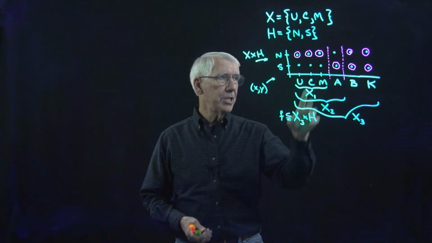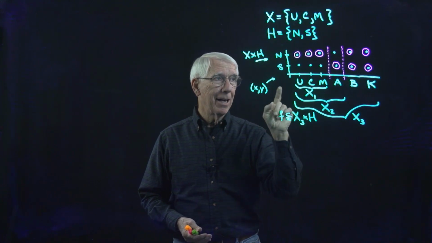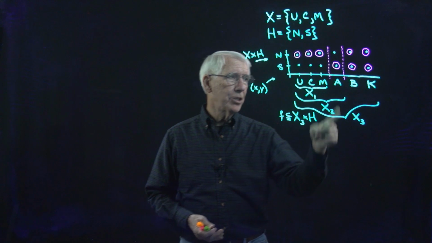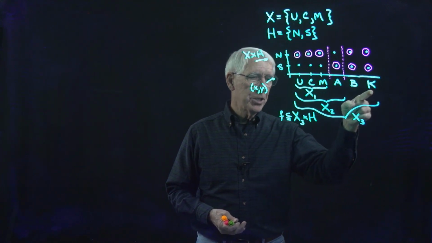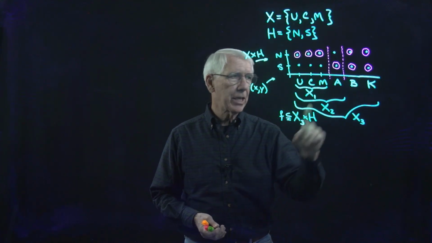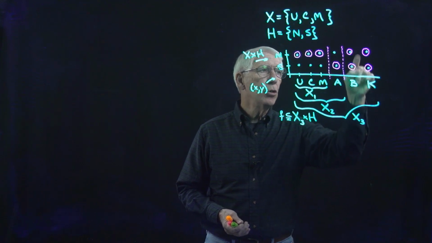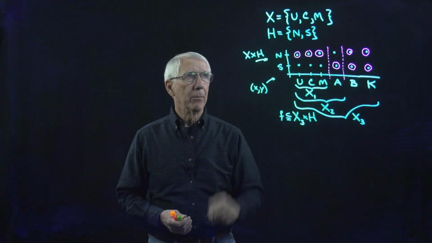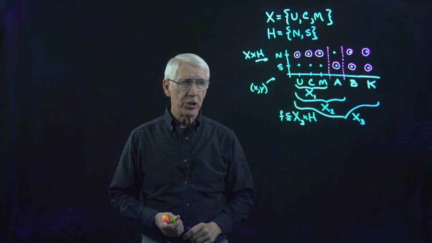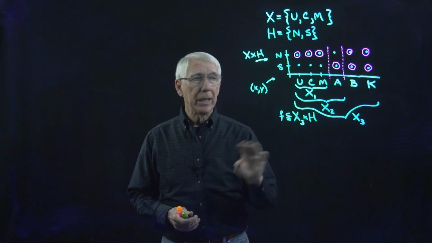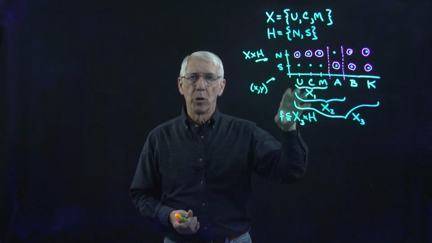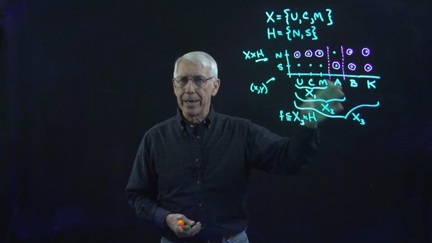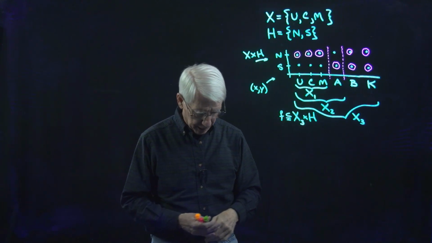It's a perfectly good subset, but it's not a function any longer. It's not a function because to these two elements of X3 in this case, it assigns 2 different elements of H. So I'm going to leave this on because I'm going to come back and refer to this a couple more times. It's real simple, and that's kind of helpful. The fact that it's simple is kind of a good thing here.